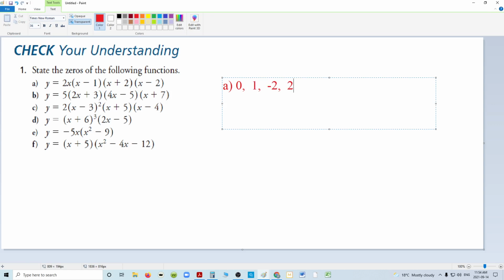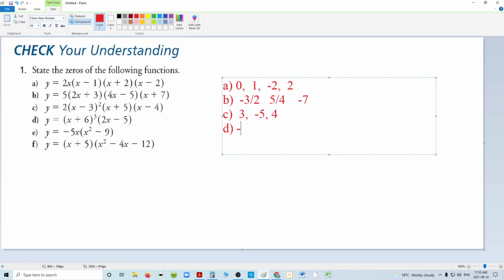That's because if I substitute any of those numbers in for x, the resulting y will equal 0. That's all zeros are. So B, the next one, it will be -3/2 for the first one, 5/4 for the next one, or -7. Now I've covered this in other chapters. 3 for the first one, -5 for the next one, and 4.